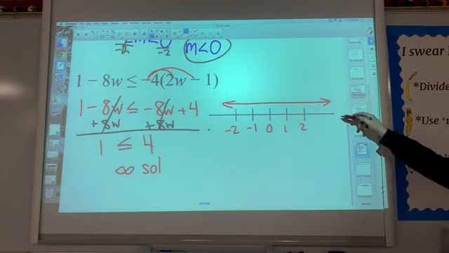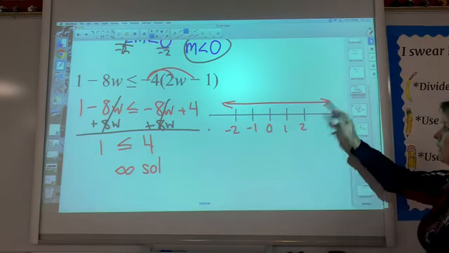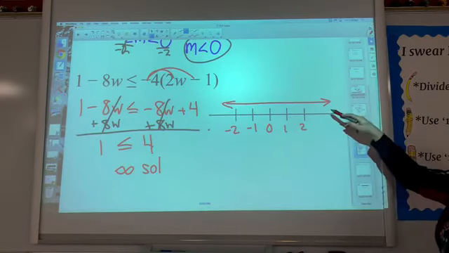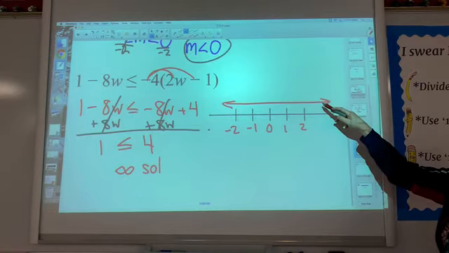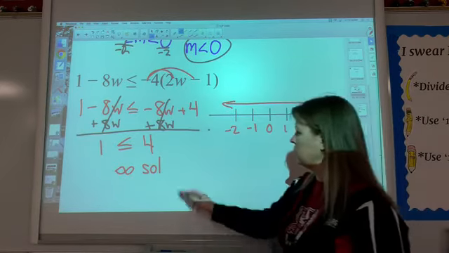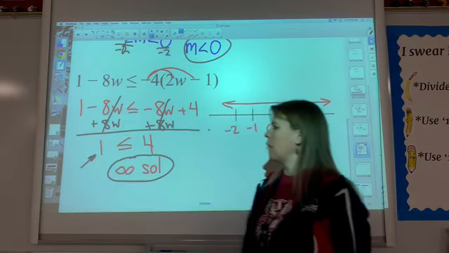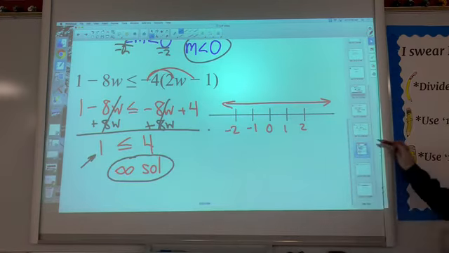Any number, you could pick 100 way out here, you could pick -88, you could pick 0.5, you could pick 3/4. All of them work, which means you are allowed to graph it, showing that every number in the number line is a solution. So for both answers, you write infinite solution, you show your work right here of why it is an infinite solution, and you graph it.